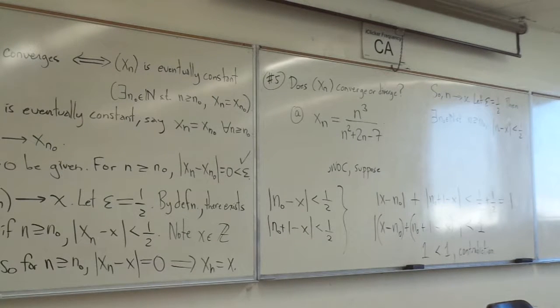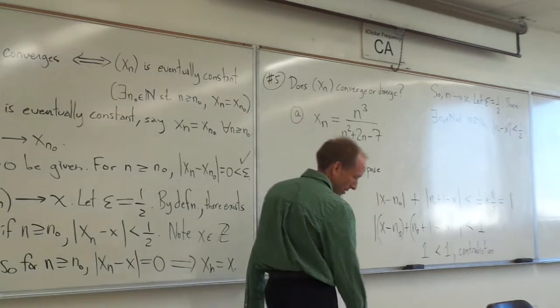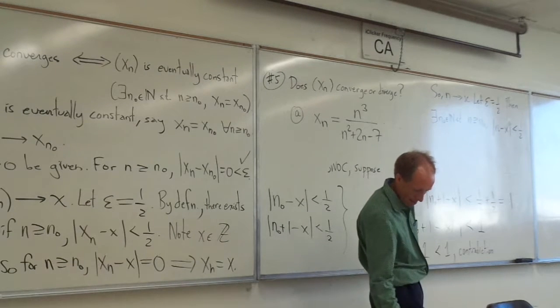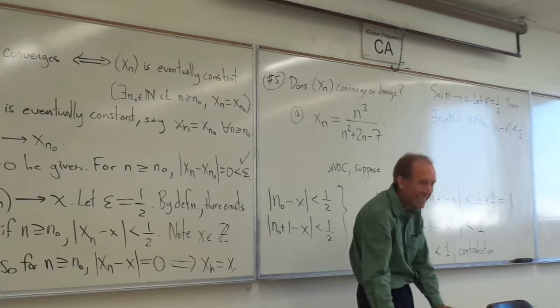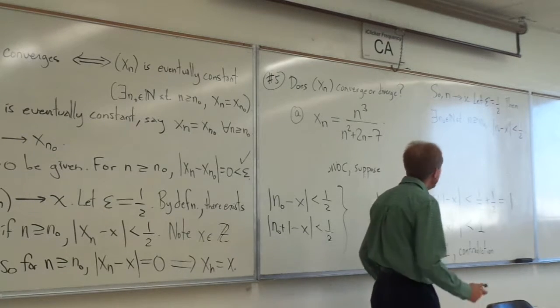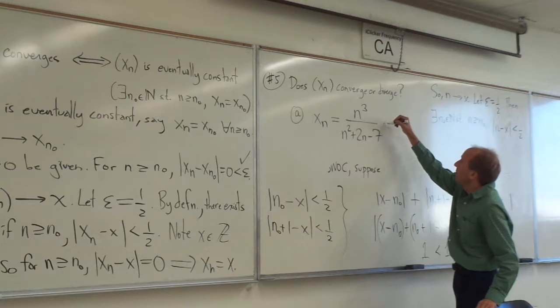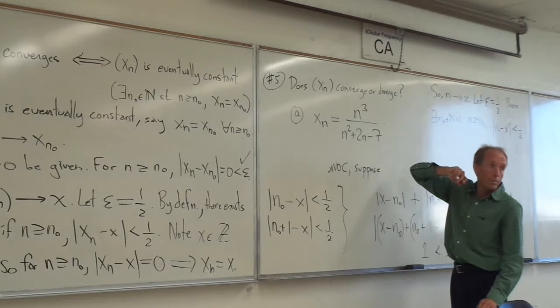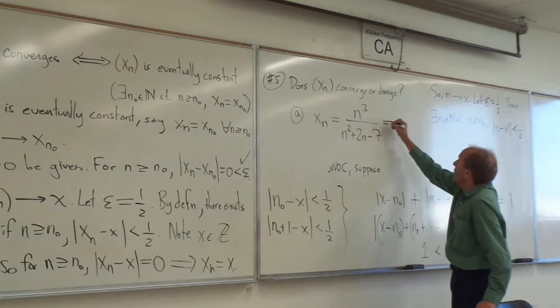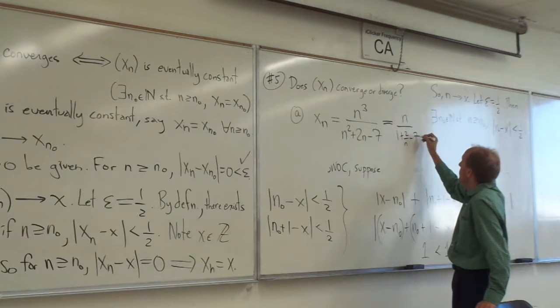You with me, Vivian? Yeah. Getting it? Okay. Is everybody with me? Yeah, Sal? Quick question. So you already raised this part, but when we got that N converges to X, and we say that X of N, it was just because we divided by... Yeah, this was equal to N over 1 plus 2 over N minus 7 over N squared.